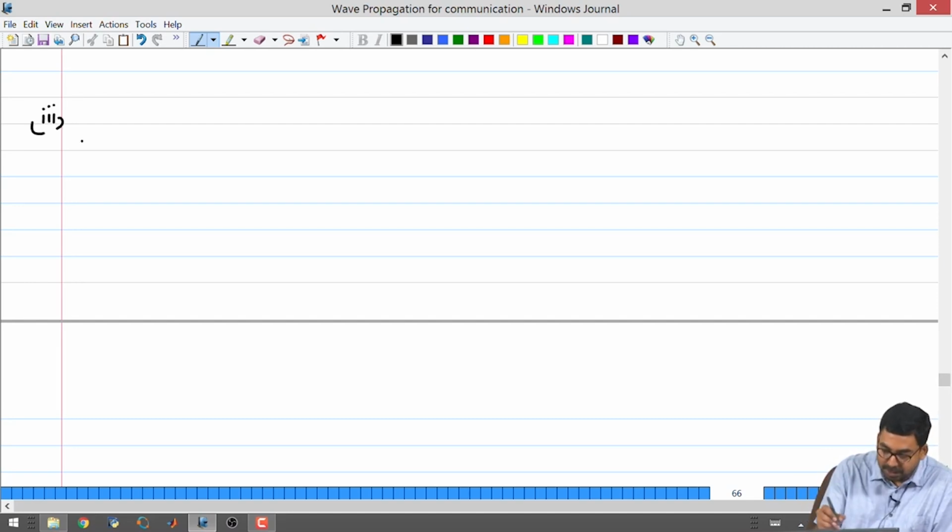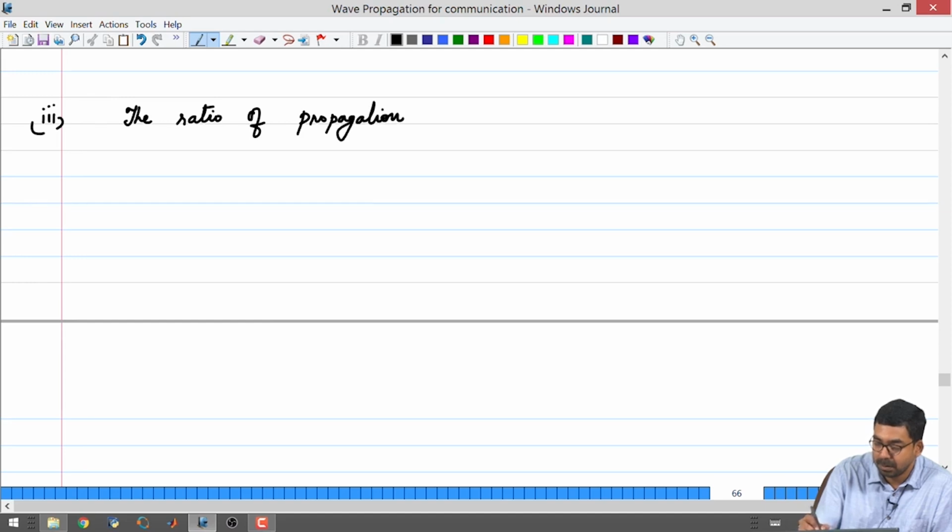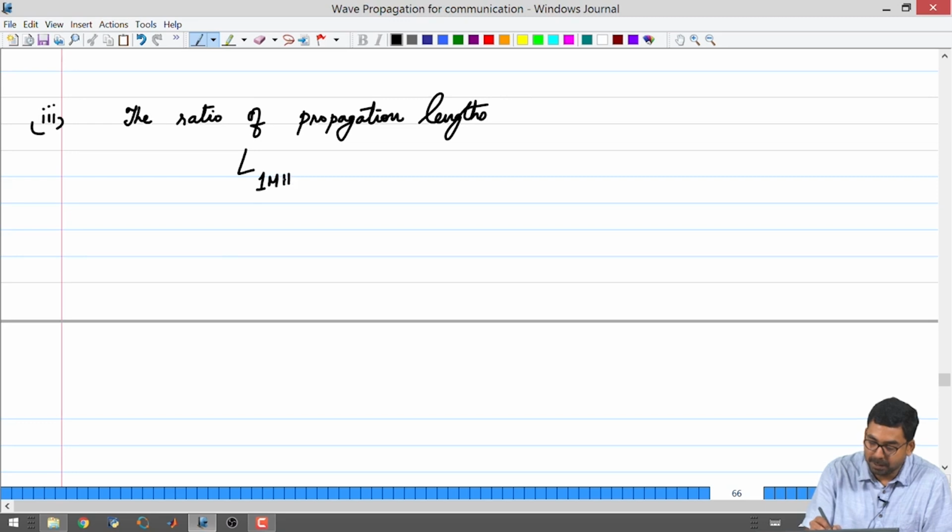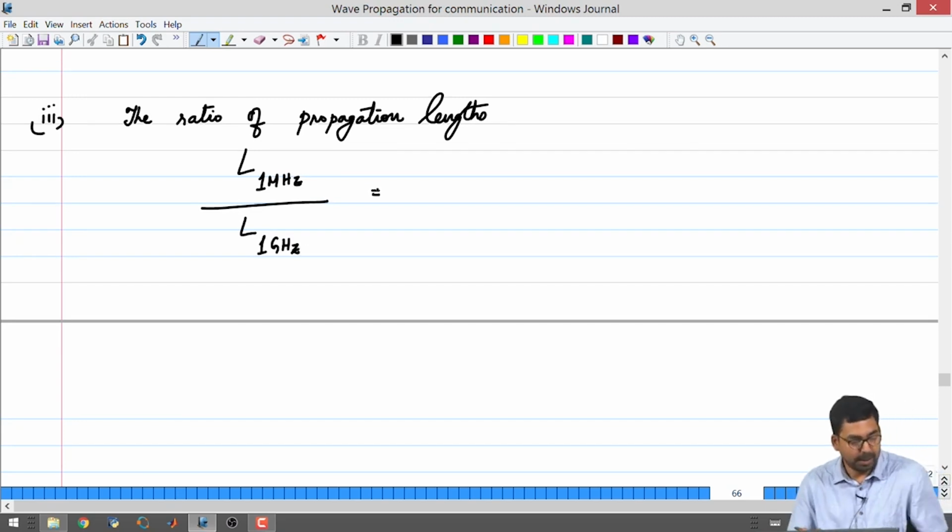We could also do the other thing. From this we could always calculate the ratio of the propagation lengths. We can say that L at 1 megahertz is the propagation length at 1 megahertz divided by L at 1 gigahertz. You can just take the real part of your propagation constant: 1 by alpha for the numerator at 1 megahertz, 1 by alpha for the denominator at 1 gigahertz.